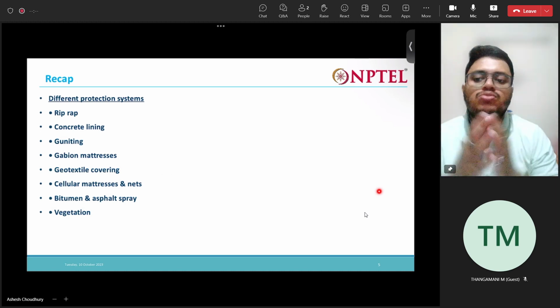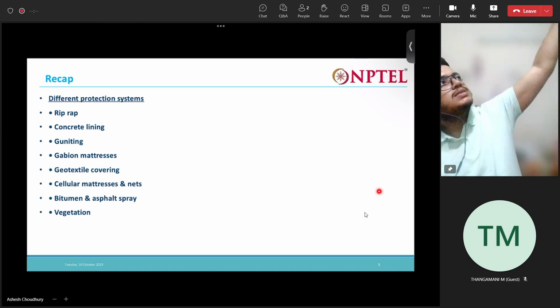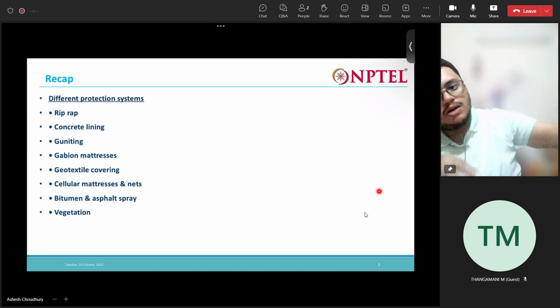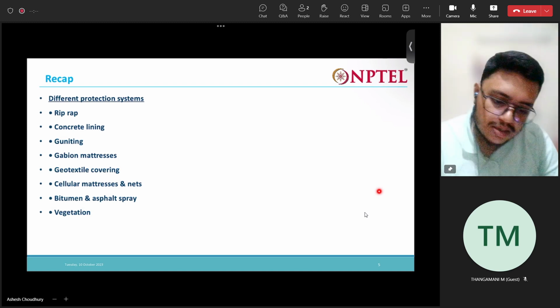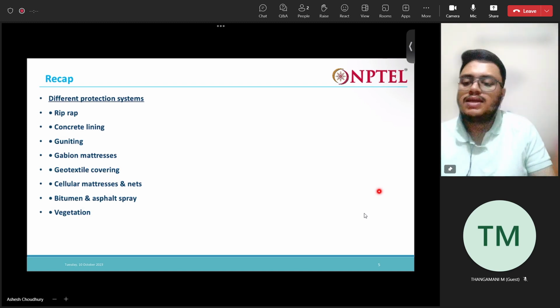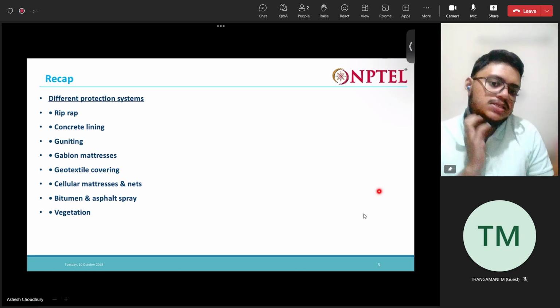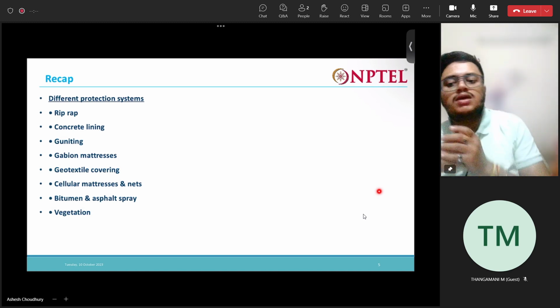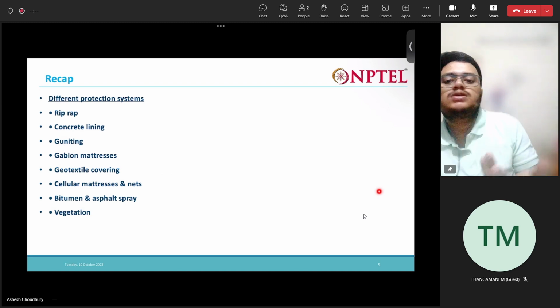To prevent that, we just place a geotextile layer over the slopes, and that will prevent the erosion of the soil to some extent. Geotextile covering can be natural or synthetic. Natural means using jute and coir, and synthetic means PVC and those kinds of geotextiles.